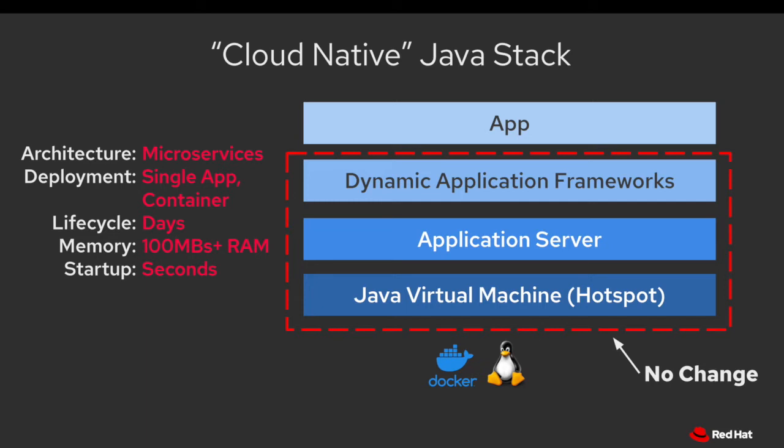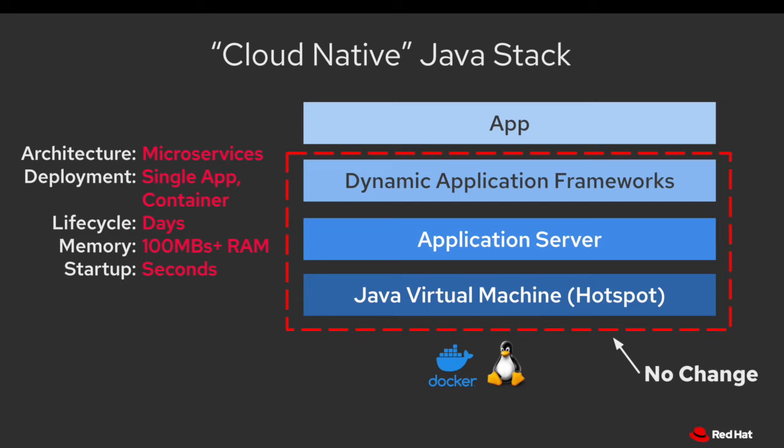But with the changing IT technology, let's take a look at the Java architecture perspective. So we've got the microservice architecture with 12 factor, which means that you can run your application functionality with a single application package, and you have a short time to change your application, from months to days, and a small memory footprint, like 100 megabytes, and a startup of just a couple of seconds, like a Spring Boot application.